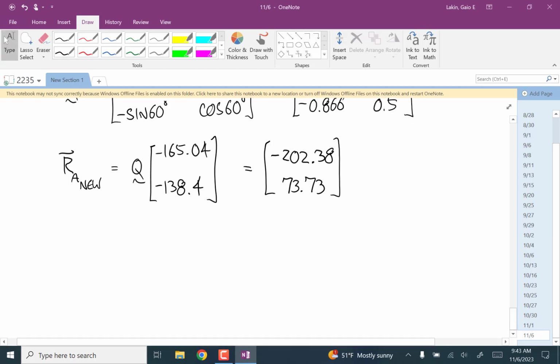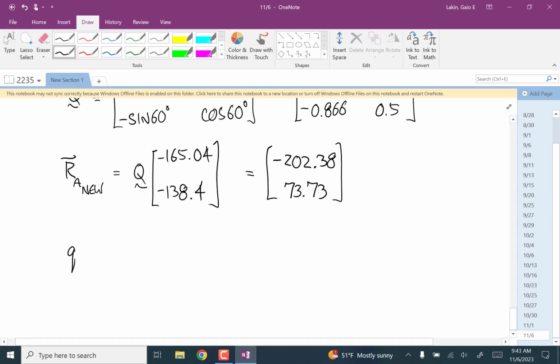Okay, then I'm going to do the distributed load in the new coordinate system. So that's Q times, in the old coordinate system, this distributed load was 0, negative 294.3.